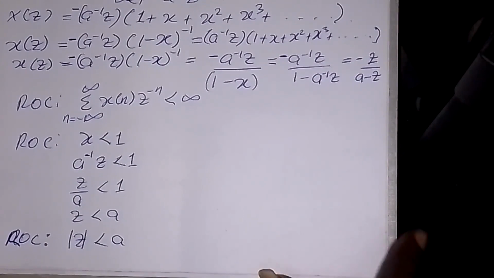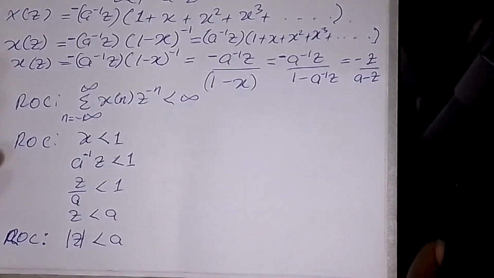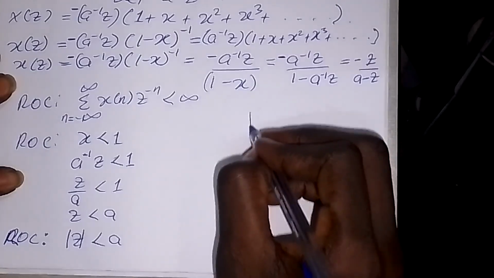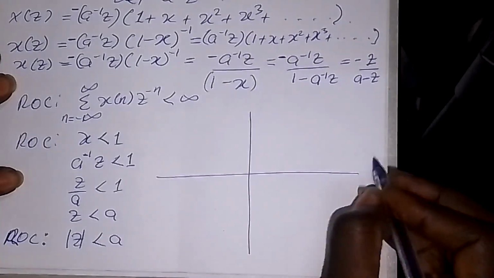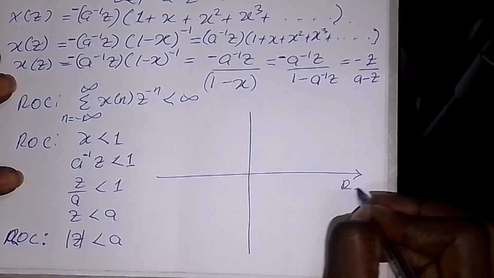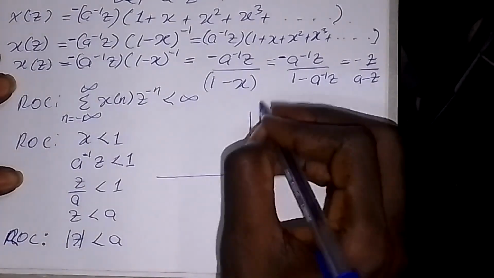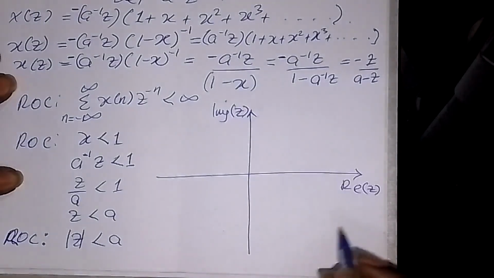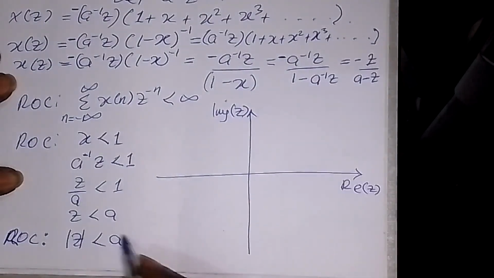Now let me draw the Z plane for this one. This is the Z plane. Here is the real of z, here is the imaginary of z. I'll draw a circle with radius a.